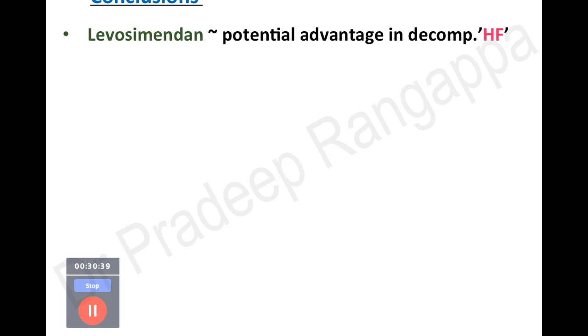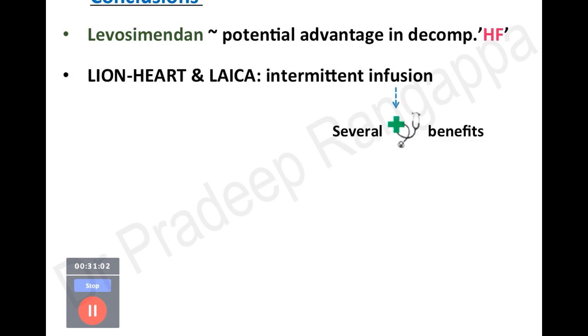So, to conclude, levosimendan, as you see from multiple studies, has a potential advantage in refractory heart failure or decompensated heart failure, where a lot of other medical therapies have failed. This has shown increased benefit in improving certain key variables which are specific to the cardiac function. And especially the Lionheart and Leica trials have demonstrated that intermittent infusion, especially in advanced heart failure patients, has several clinical benefits.